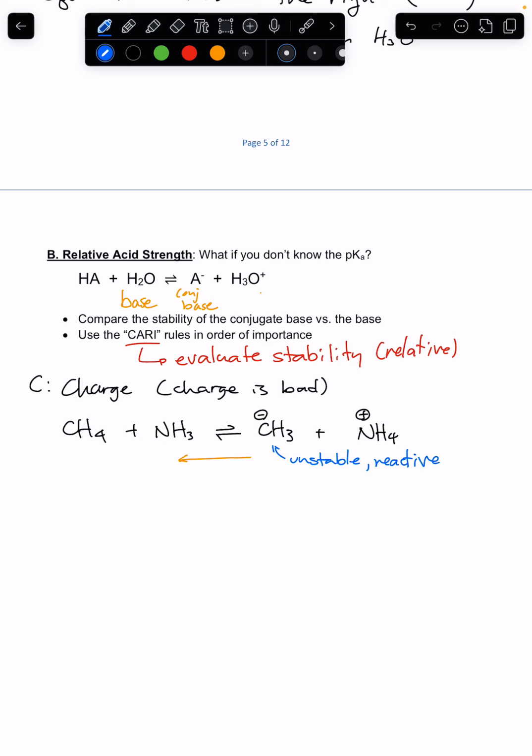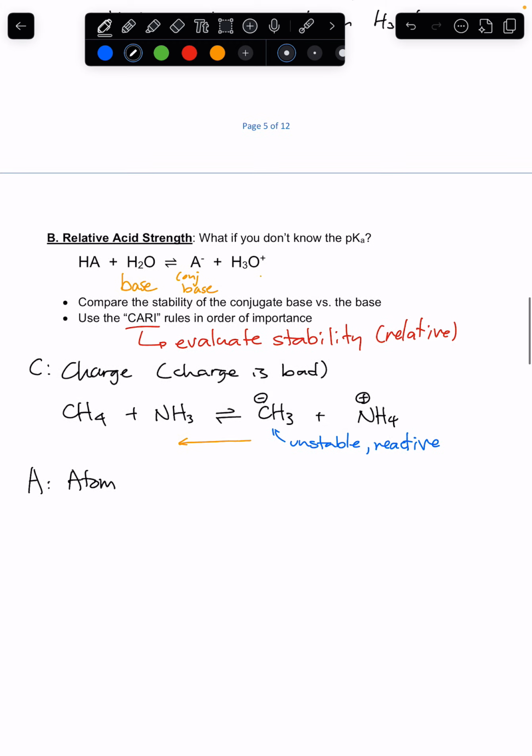That's what you can glean from the C rule, the charge rule. Okay, the A stands for atom. What does that mean? That's the atom that has the charge on it. And what this rule means is you have to consider the electronegativity.